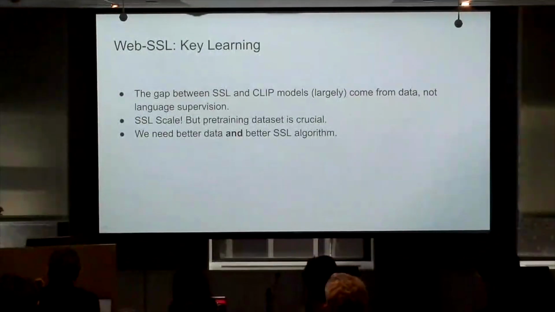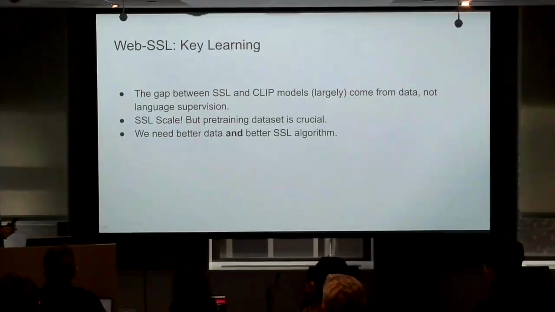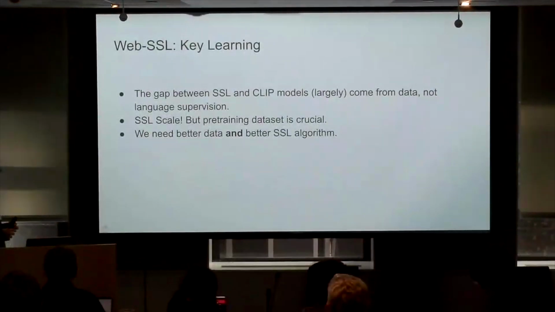The other thing, which maybe I didn't touch on so much in the experiments, is to show that SSL scales. Since DINOv2, there was this impression that we had reached a ceiling in terms of SSL, but actually, if you train on the right pre-training data, you can make SSL scale and see log-linear scaling again.